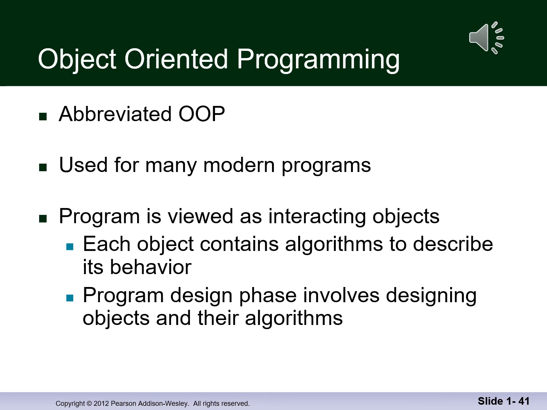Many modern programs use an object-oriented programming approach. The program is viewed as groups of interacting objects, and each object contains algorithms to describe its behavior. And the program design phase involves designing objects and their algorithms and how they will interact with the other objects.